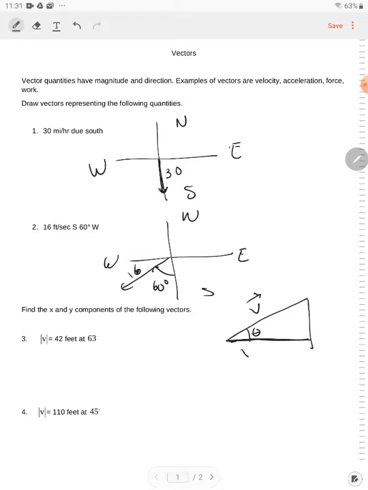So you can see that x is going to be v cosine theta, so magnitude of v, and y is going to be the magnitude of v sine of theta. Okay, so to find the x component, we label it as Vx is equal to the magnitude of v times the cosine of theta.